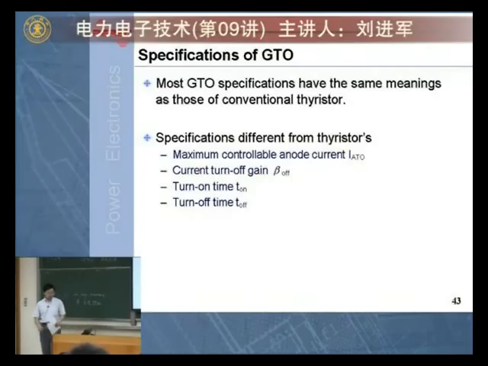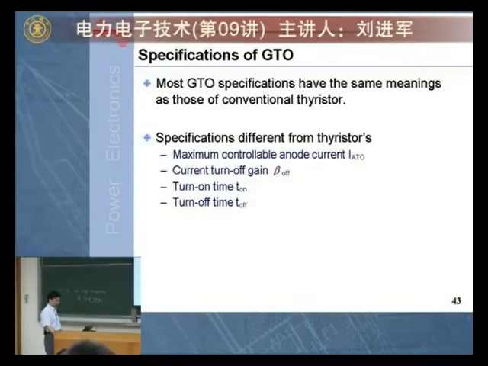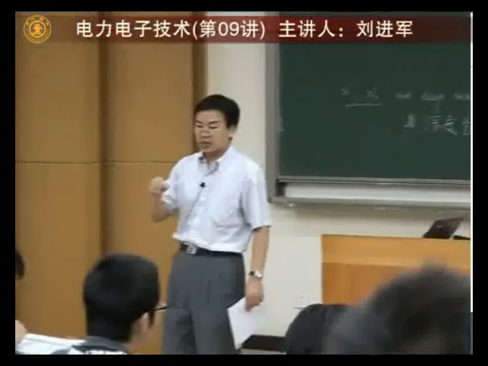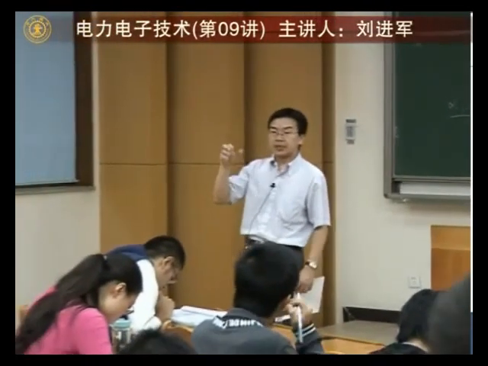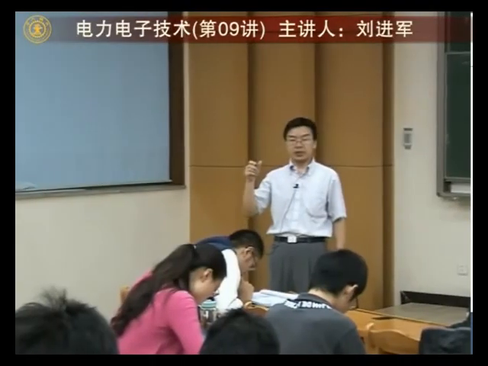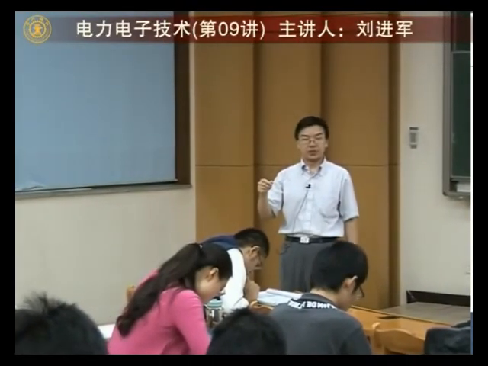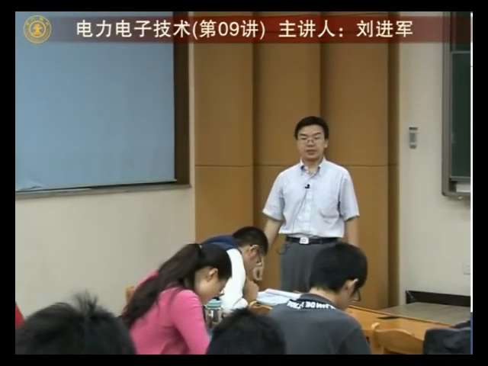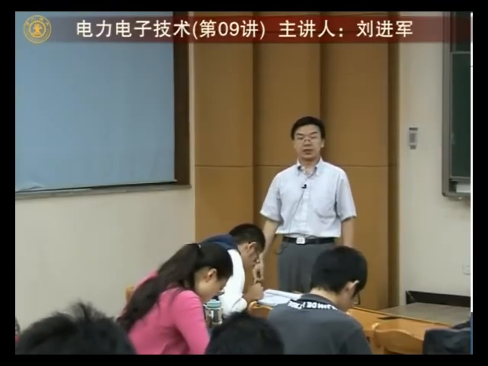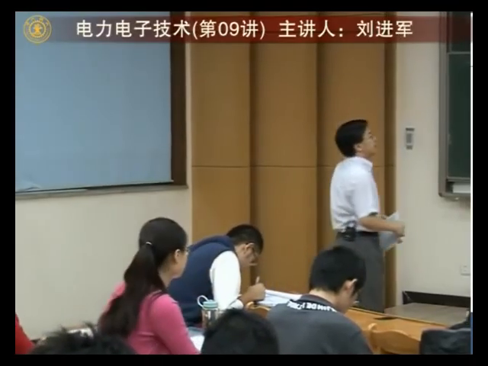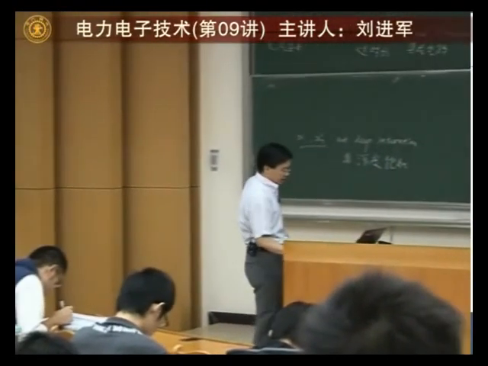For example, the maximum controllable anode current. That is actually referring to the maximum current you can turn off through the gate. Okay, you can turn it off.